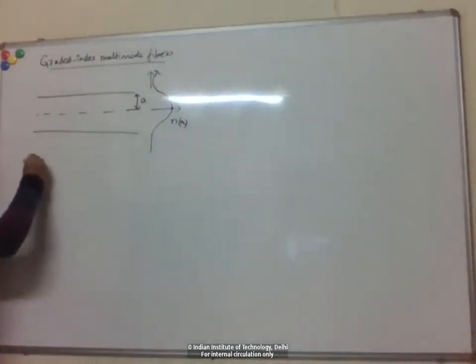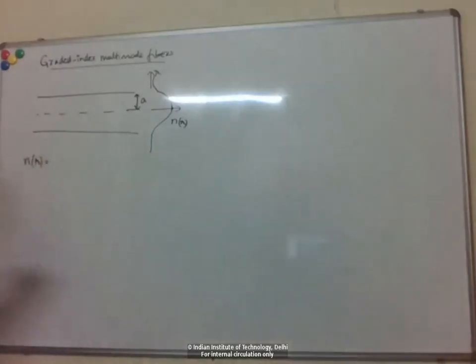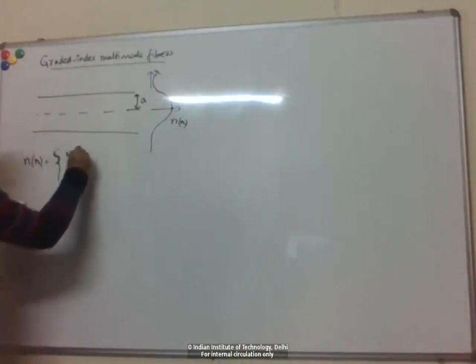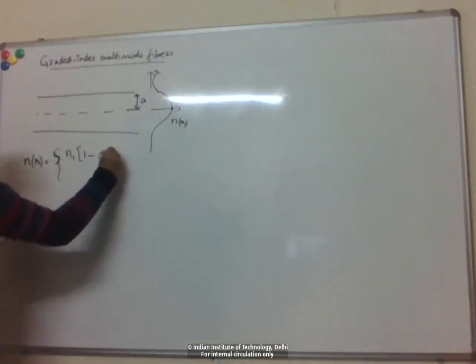So in general, we can write the refractive index profile for a graded index fiber in terms of a power law like this.